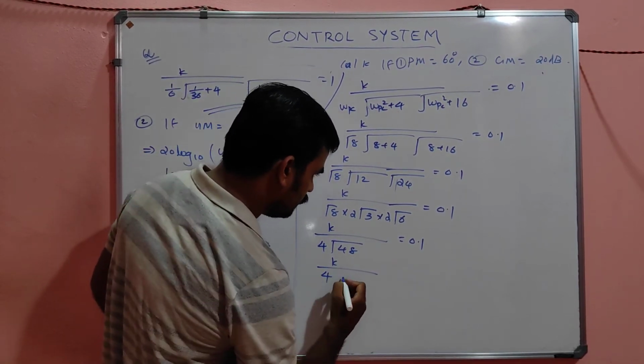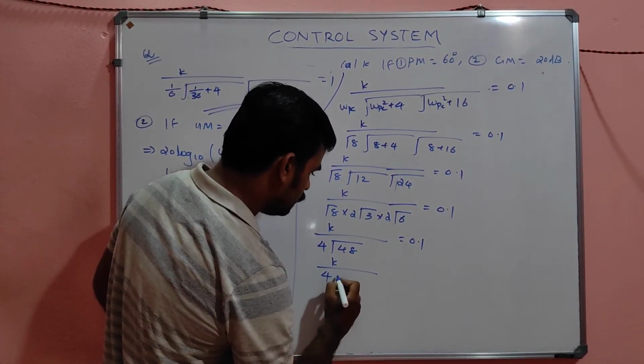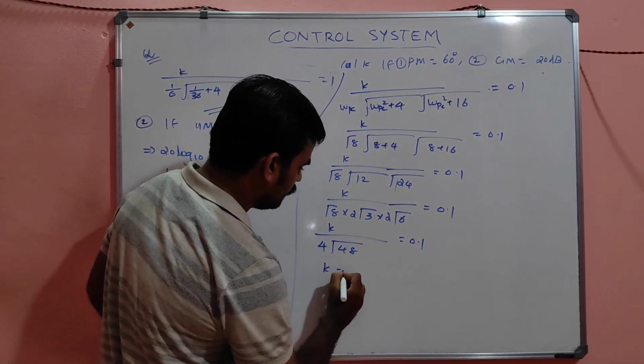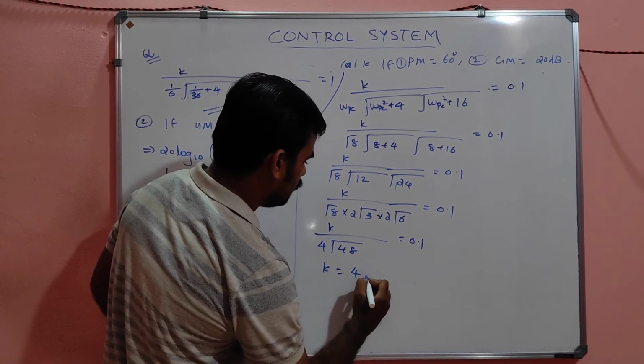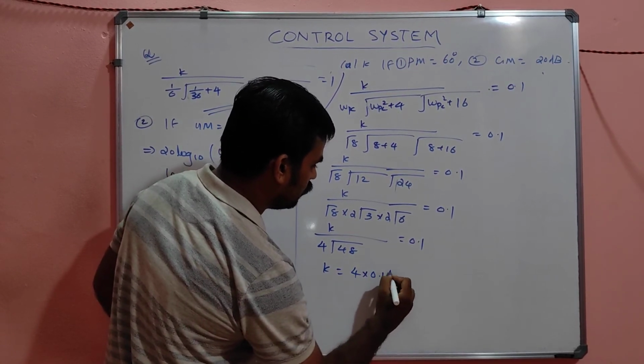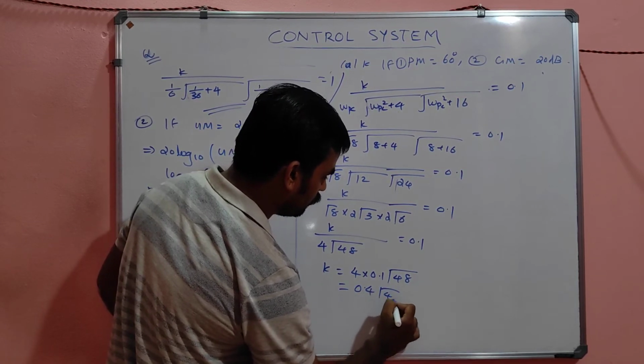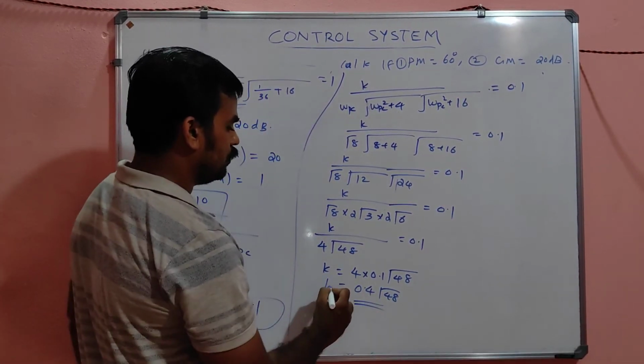How can we convert it? Simply like that. So k will be simply equal to 4 into 0.1 root of 48, 0.4 into root of 48. So that is the value of k.